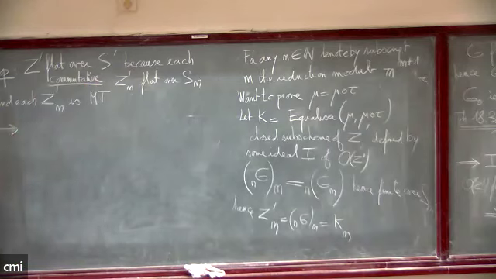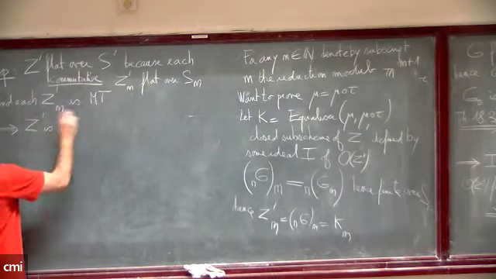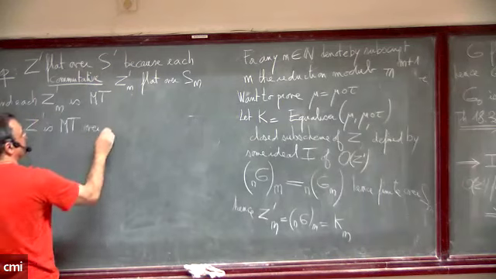And so there is again some little work to do. So this implies that Z prime is a group of multiplicative type over S prime.